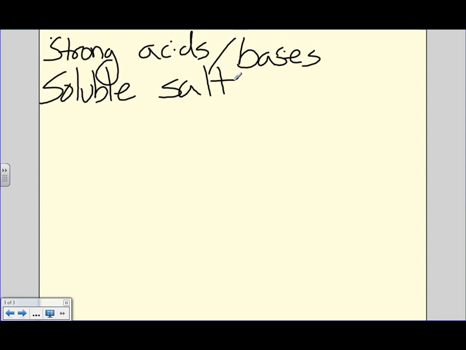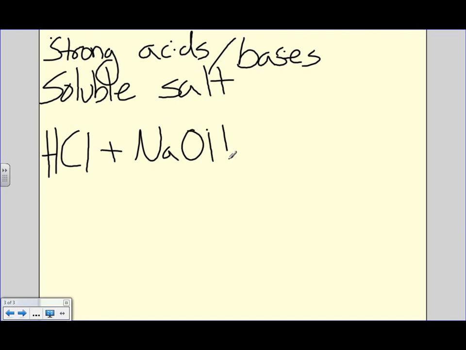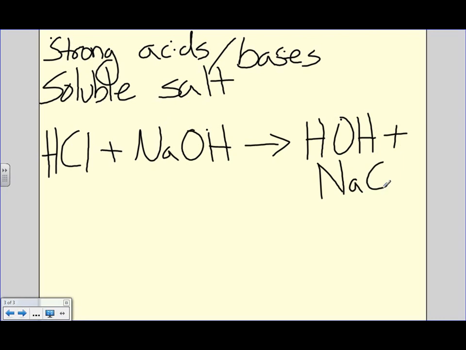That means, for example, if you took a solution of hydrochloric acid, HCl, and added it to sodium hydroxide, this would be called a neutralization reaction, an acid plus a base. We would end up making hydrogen hydroxide, also known as water, in its liquid form, and we'd make sodium chloride, which is a soluble salt.